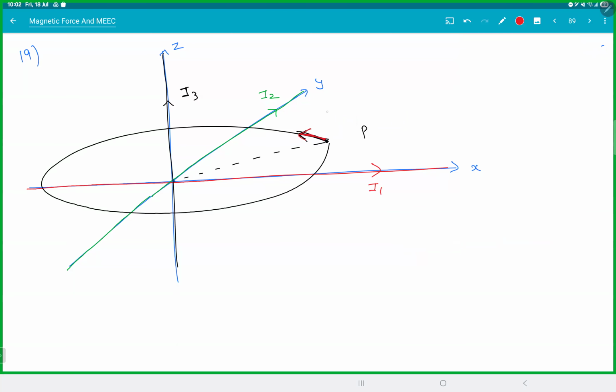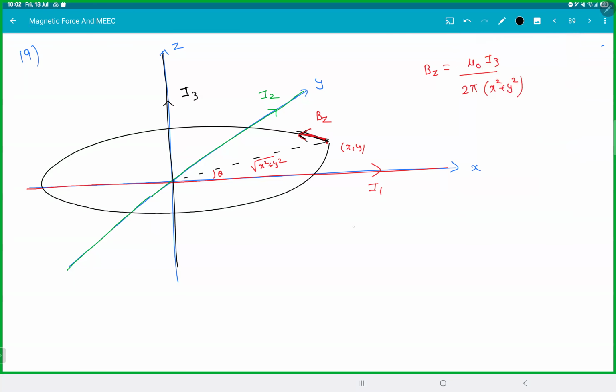There, this will be the direction Bz. So what is Bz? Remember, if I take this angle as theta and this is (x, y), that distance will be root over x square plus y square. So this will be mu naught I3 by 2 pi, and the perpendicular distance is root over x square plus y square.